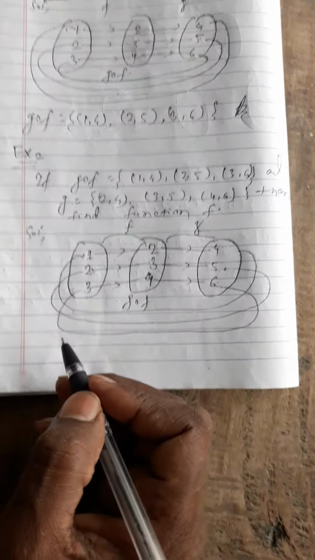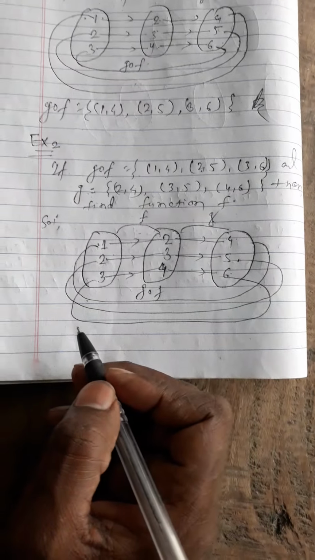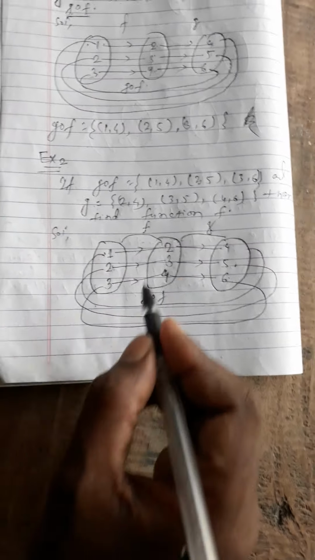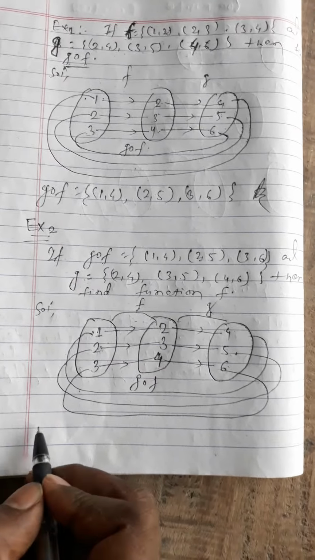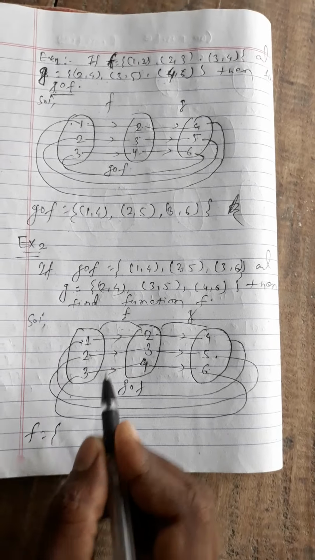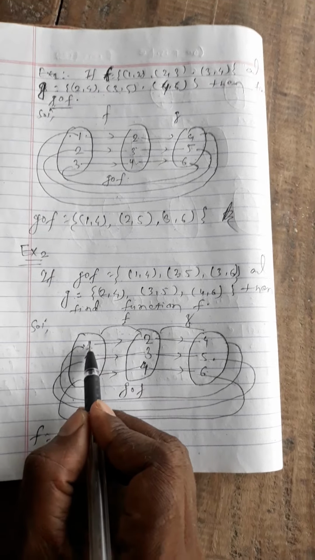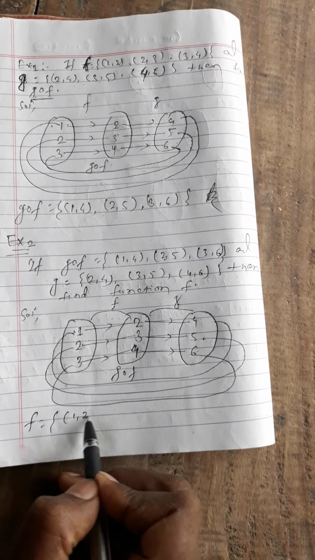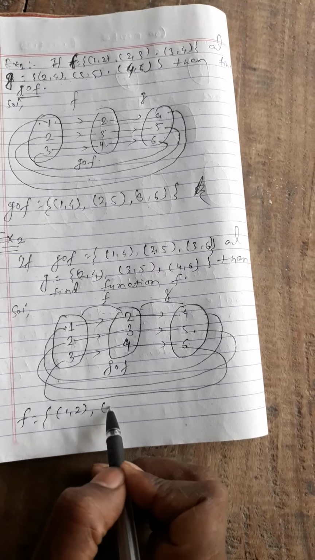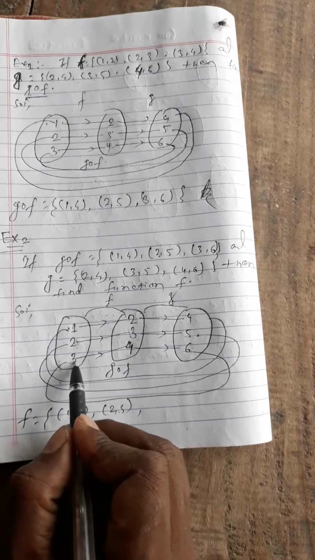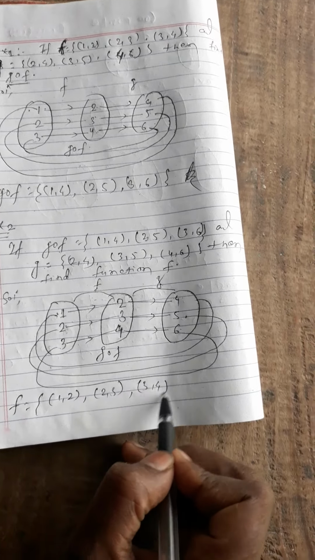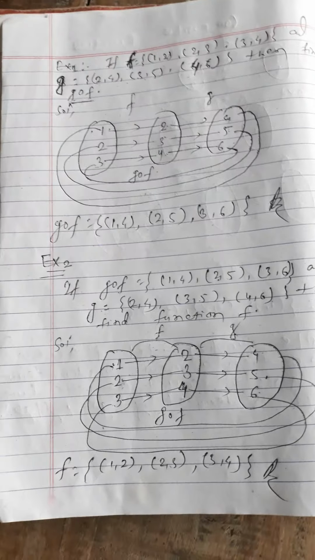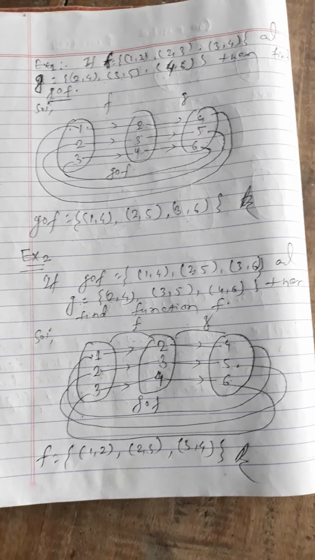Now we can write from the above arrow diagram: function f is equal to, this is the f function, elements are 1 comma 2, 2 comma 3, 3 comma 4. This much is the required answer for this function.